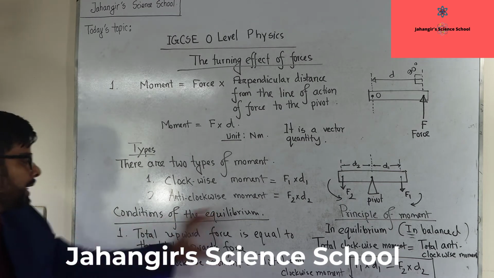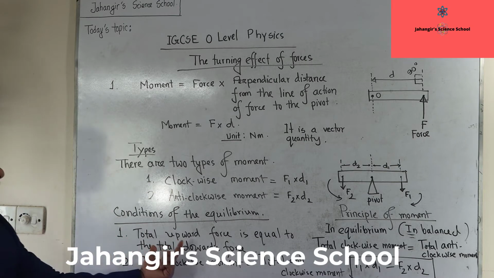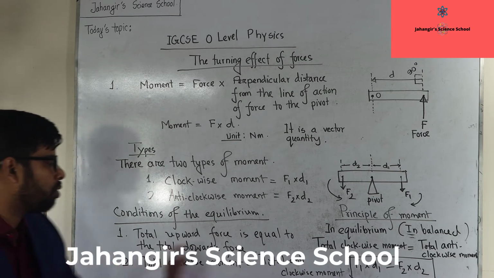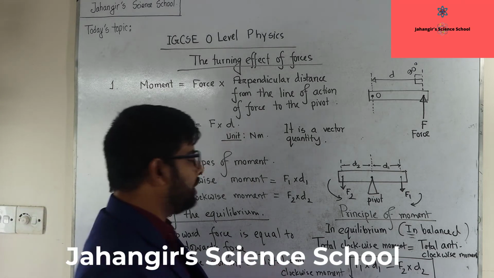So conditions of the equilibrium: total upward force is equal to the total downward force. Total clockwise moment is equal to the total anti-clockwise moment.